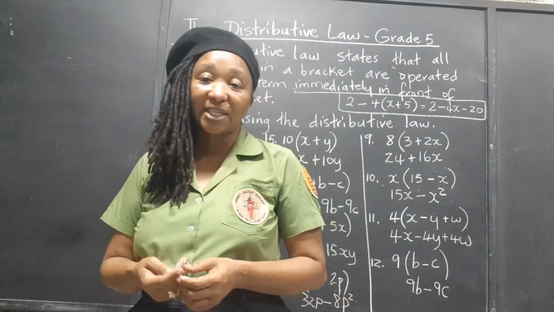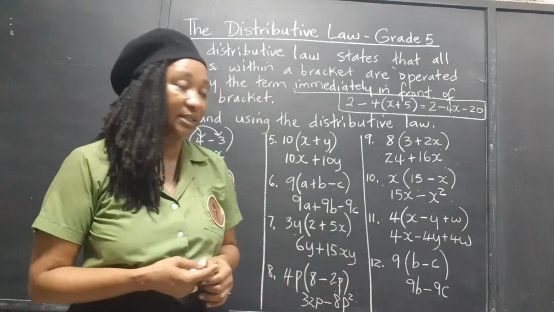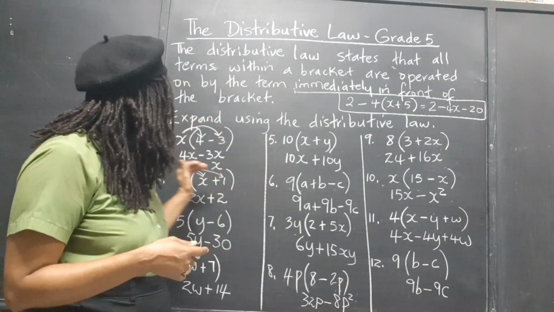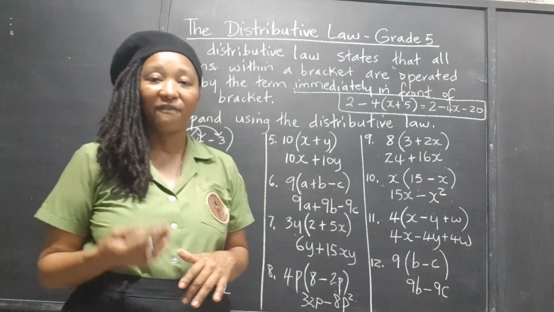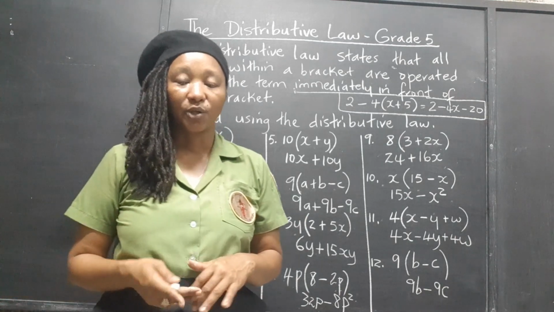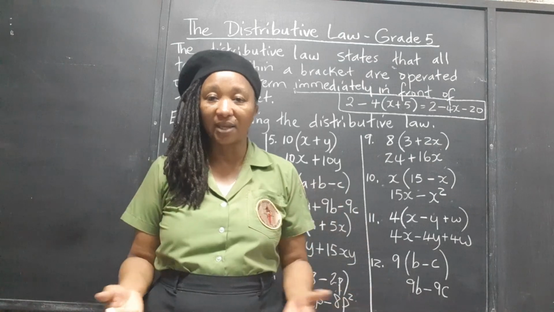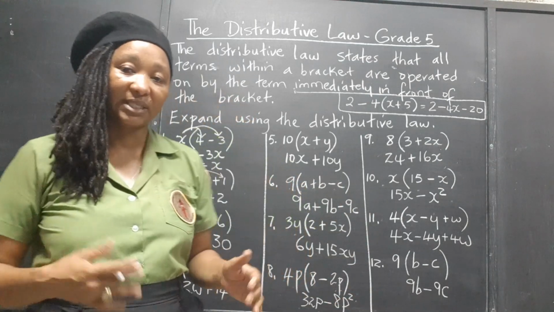Alright? So that's the distributive law. Expanding using the distributive law is also called foiling. Right? So expanding the brackets, foiling, using the distributive law, same thing.